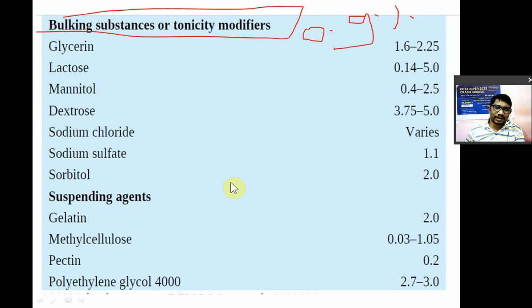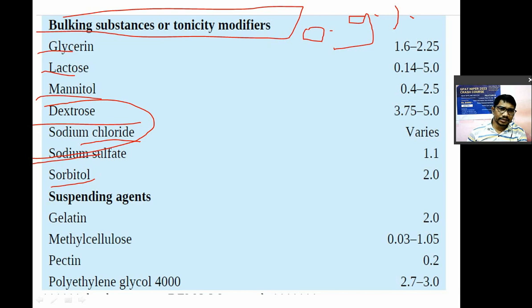So what are the bulking agents or tonicity modifiers? Glycerin, a bulking agent. Lactose, mannitol, dextrose, sodium chloride, sodium sulfate, sorbitol. Sodium chloride is a tonicity modifier, and dextrose is also a tonicity modifier. The rest you can call bulking agents.